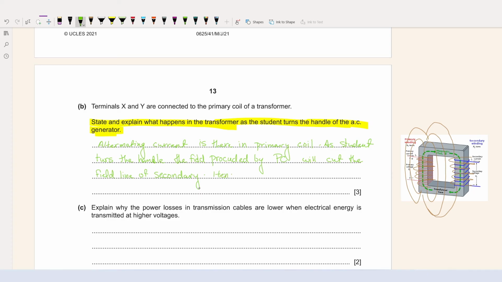Hence, EMF is induced in the secondary coil.